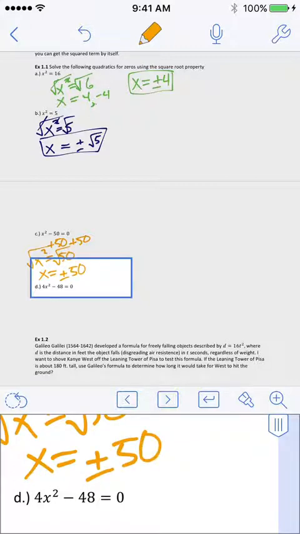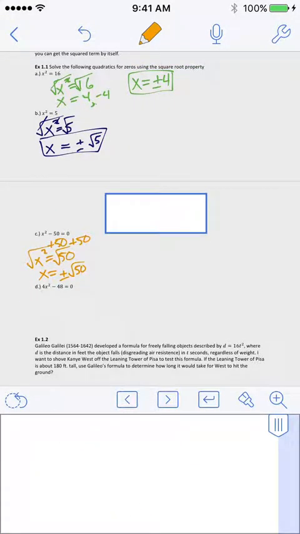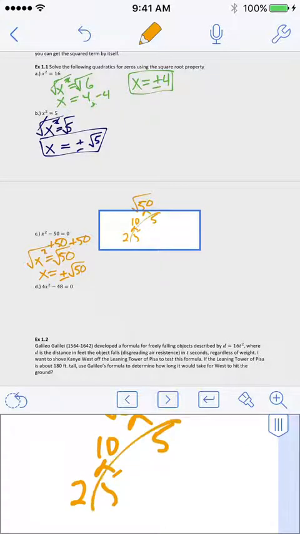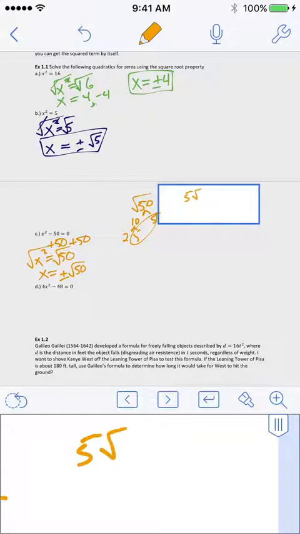By the square root property, I have to have that plus or minus. It has to be plus square root of 50 and minus square root of 50. Same reason it had to be plus or minus 4. And then 50, I do believe, reduces. So we've got 10 and 5 and 2 and 5. Okay, I've got a pair here because my index is 2. I'm looking for pairs. It ends up being 5 root 2.